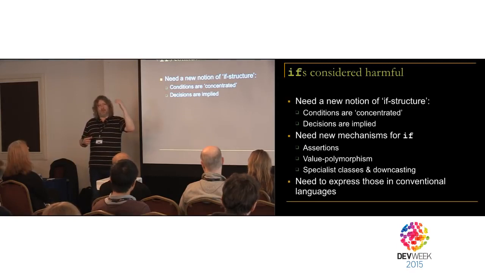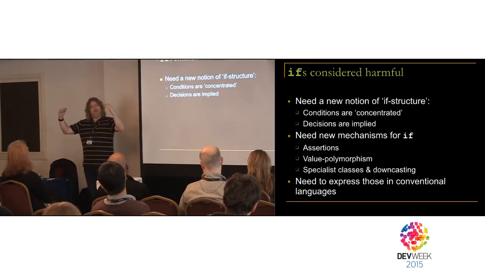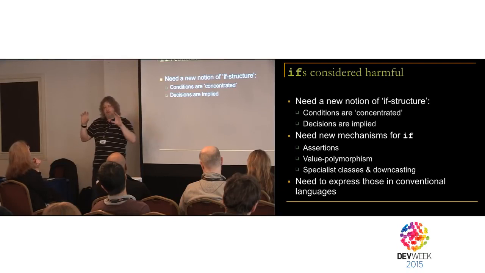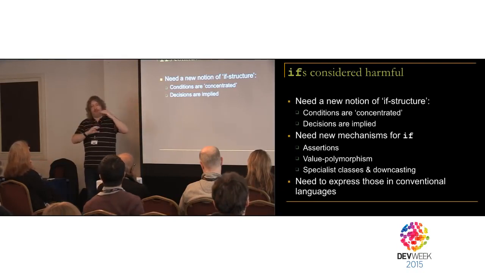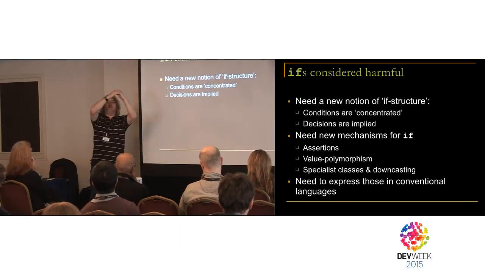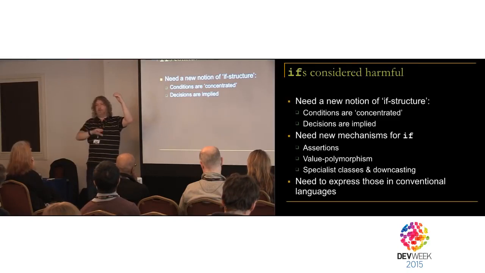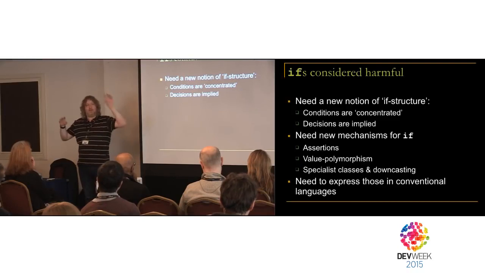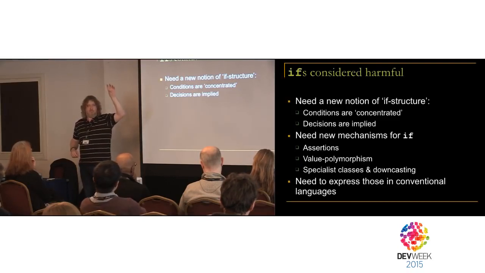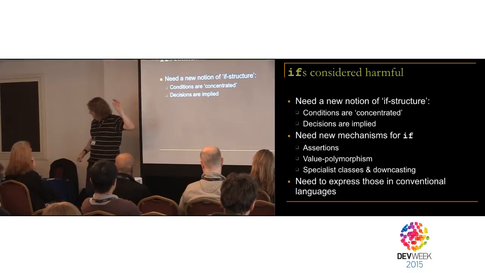What we do now is when you say if and then, you're saying here is the decision and here is the consequence, and they're both in the same place. So if we've got consequences in different places, then we have to replicate the condition. We have to replicate the test. But replicating the test is what causes the problem. So we need to find a way to separate the test from the consequences and concentrate the test in one place and then have the decisions all dependent on that test up there. Does that make sense? This is our new concept of flow control. And it's not as hard as it looks.